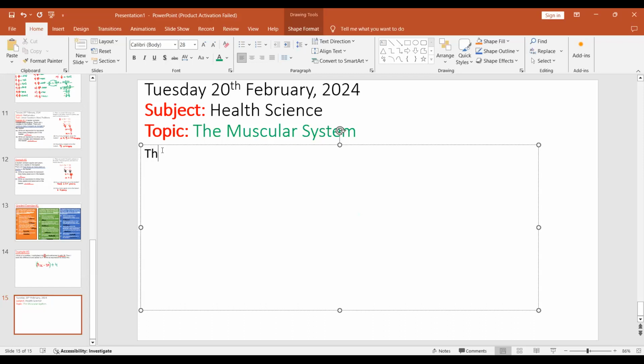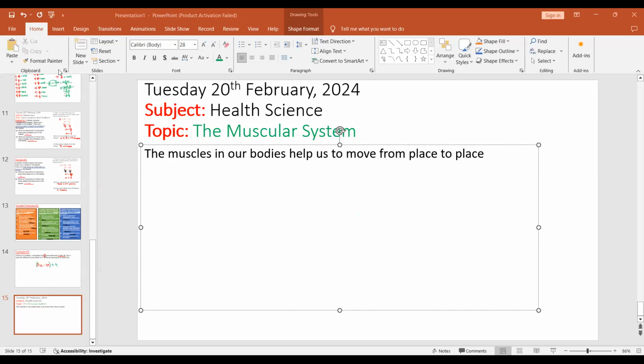Okay, so when you think about the muscular system, we think about the muscles, right? So the muscles in our bodies help us to what? It's an M word, move from place to place. So that's one of the major functions of the muscular system, to help the body to move from one position to the next, right?